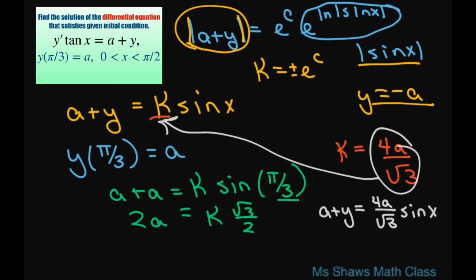So solving for y, you just subtract the a. So basically your y equals 4a divided by square root of 3 sine of x, and we're going to subtract this a. And this is your final answer.